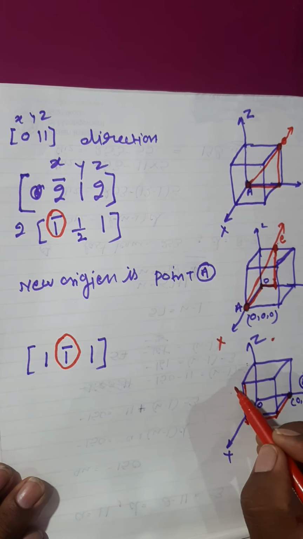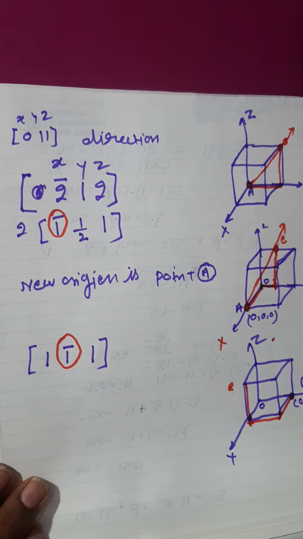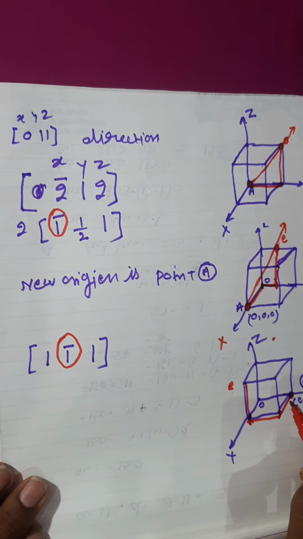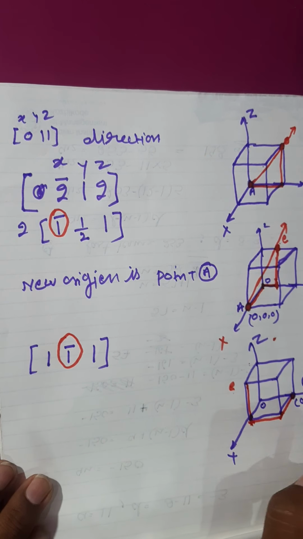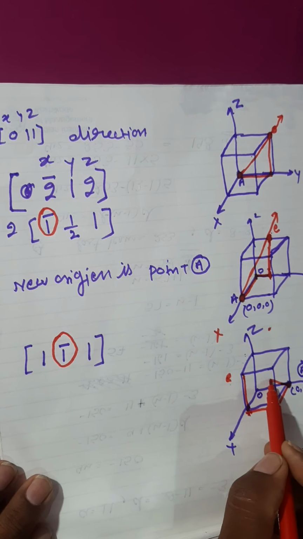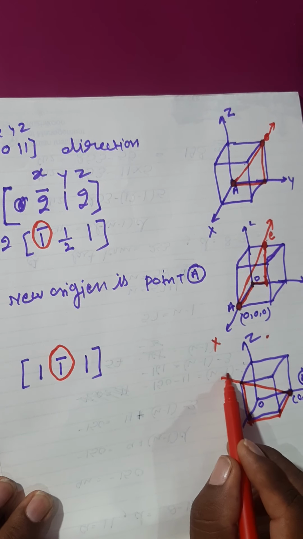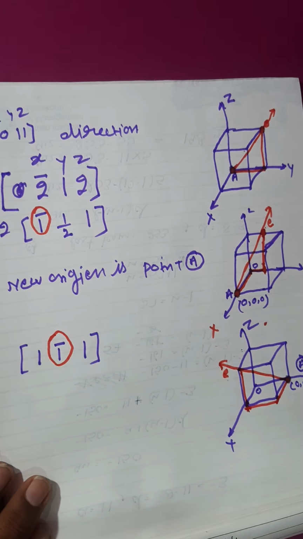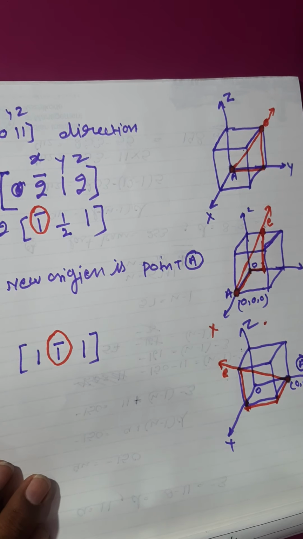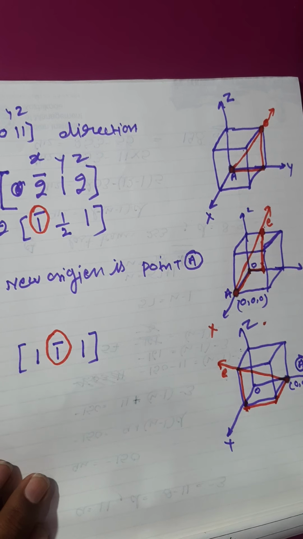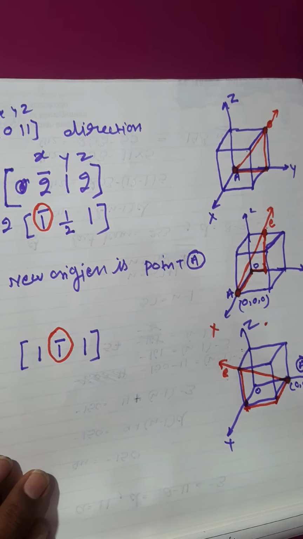Now this is your end point E. So again join the origin and end point and extend it. This will show the direction of the given Miller indices. So in this way we can find out different negative directions, by shifting the origin from 0 to any other required position. Thank you.